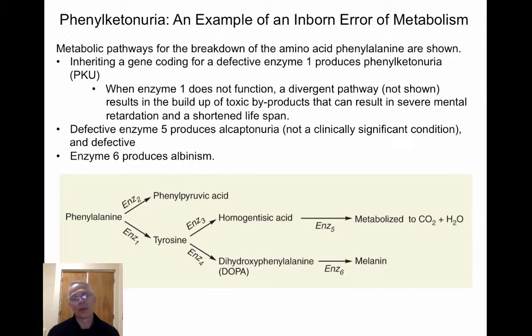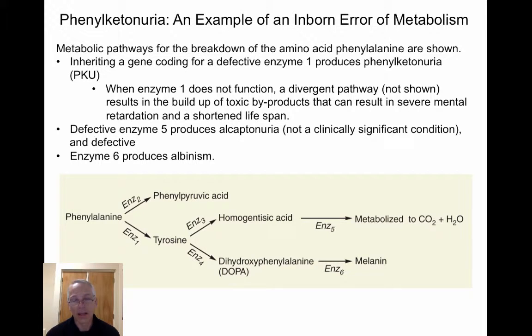And this is showing a branched pathway with lots of different enzymes. And when different mutations lead to different ones of these enzymes not functioning properly, we can wind up with a lot of different medical conditions, different diseases.